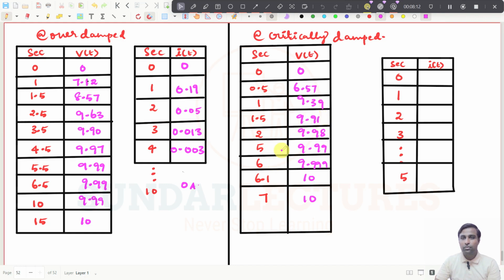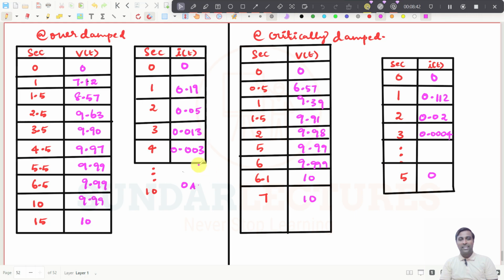You are getting it so fast. The 10 volt is stored in the capacitor very quickly in the critically damped condition, and the current also becomes 0 very quickly compared to the over damped condition. You see, this value will be 0, then 0.112, then 0.02 immediately, then 0.0004, and at 5 seconds it becomes 0.